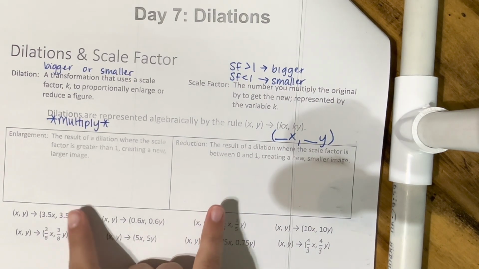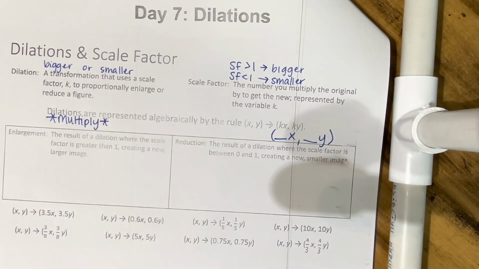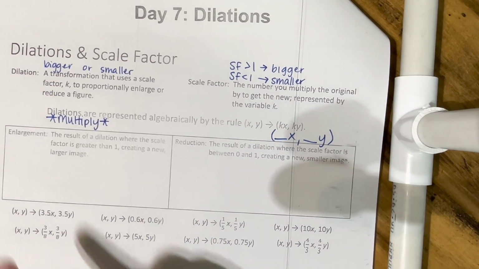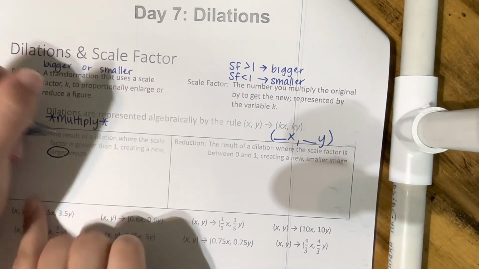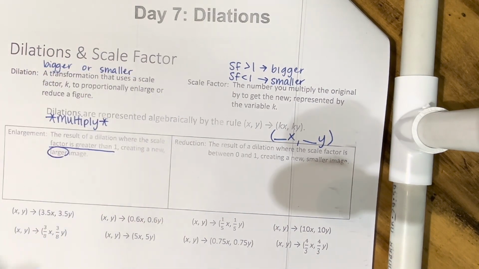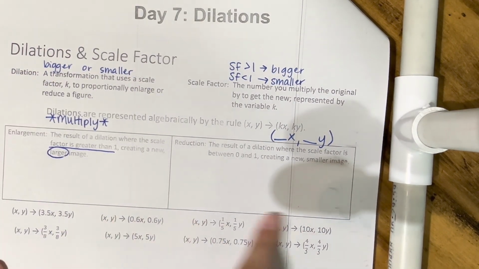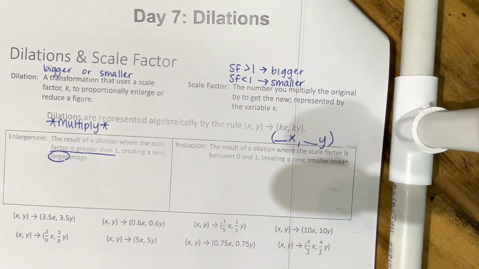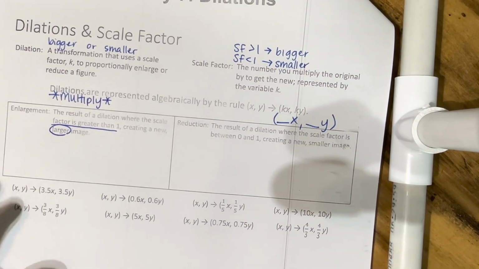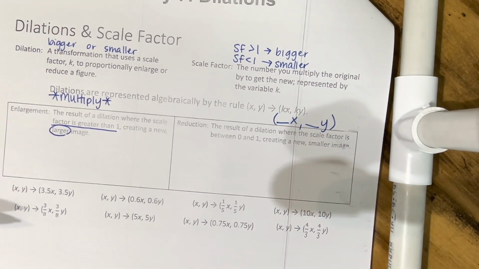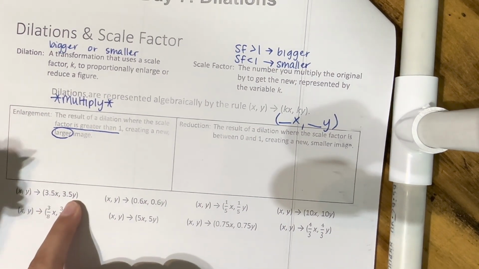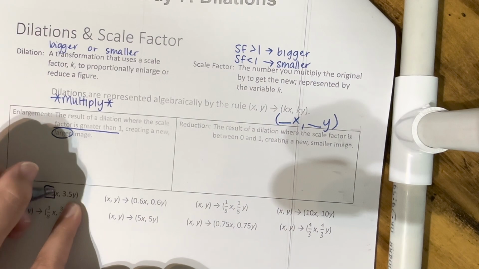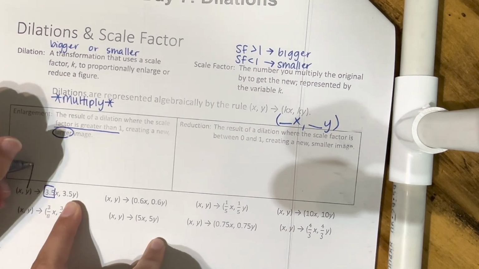So right here, talking about enlargement or reduction. So enlargement makes it get bigger. It's getting larger. My scale factor is greater than 1. So here's some examples down here. I'm going to circle the ones that are going to make it enlarge, or we can write it up here. So for example, this one right here, 3.5x, 3.5y. This number right here is greater than 1.